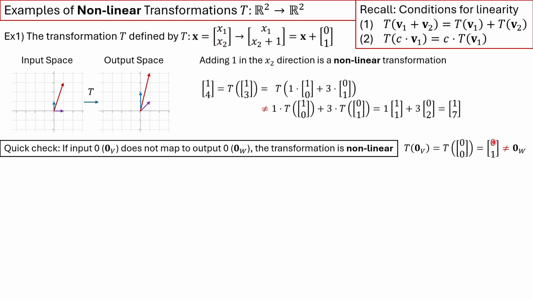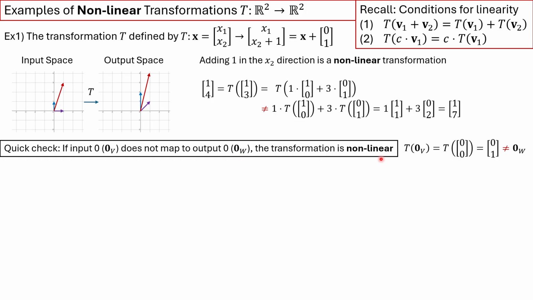So we'll get (0, 1), which is not the 0 vector for this space. So because 0 is not mapped to output 0, I have this subscript just because, remember, the dimensions of these 0 vectors may change, but still it should always just be a vector of zeros. In this specific case, 0 does not map to 0, so we immediately disqualify the transformation.